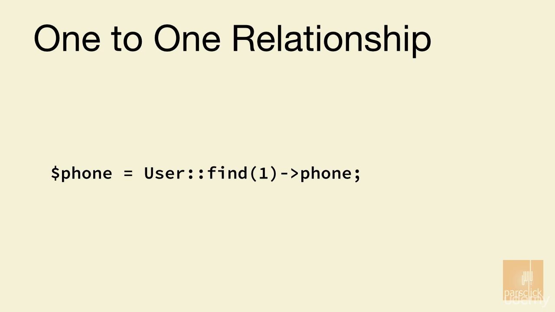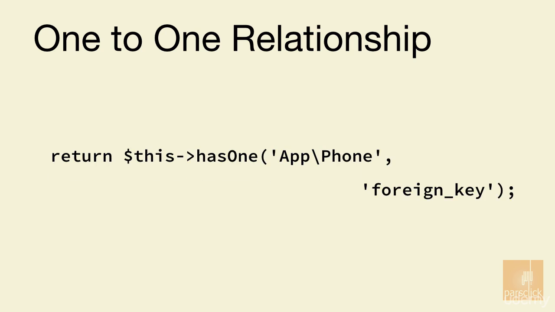If you wish to override this convention, you may pass a second argument to the hasOne method like so. So if you don't want to use user_id, which is the name of the table separated with underscore and the word id, you can pass the second argument.